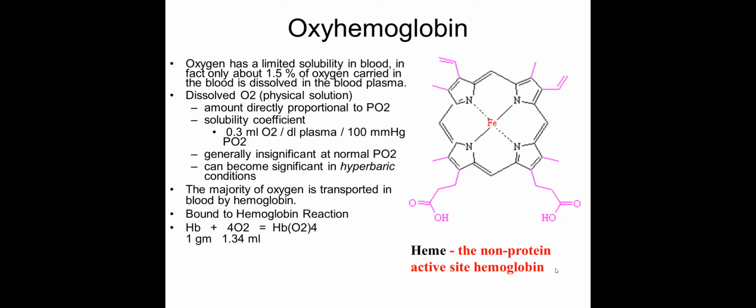It is directly proportional to the partial pressure of oxygen. And this gives us a solubility coefficient equal to 0.3 milliliters of oxygen per deciliter of plasma per 100 millimeters of mercury of PO2. Now, generally, this is insignificant at normal PO2.